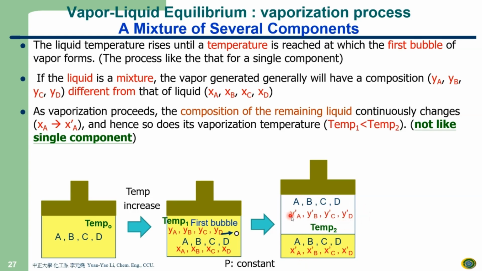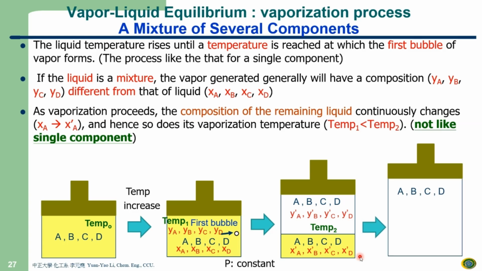Let's say YA prime, YB prime, YC prime, and YD prime. Okay, and the molar fraction in liquid phase will also change. Let's say XA prime, XB prime, XC prime, and XD prime. Okay, again, once you increase the temperature more from temperature 2 to temperature 3, for example, it becomes all gas, all the liquid phase vaporized.